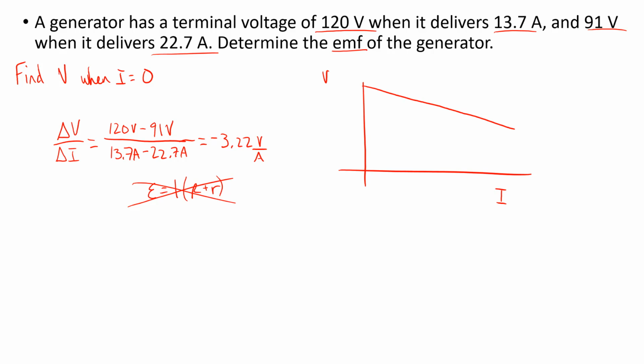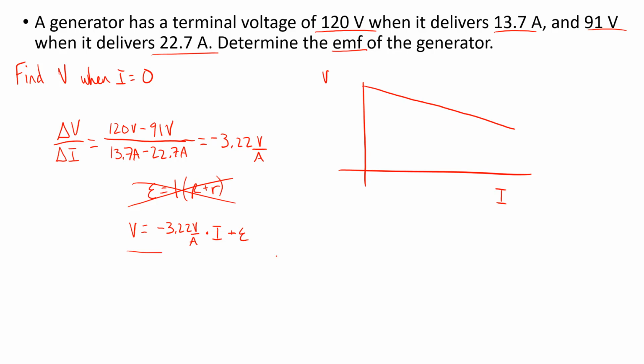Let me just write it as an equation. Voltage is equal to negative 3.22 volts per amp times the current plus my EMF. This is just the y equals mx plus b equation for this graph, and I can plug in any set of coordinates for voltage and current.